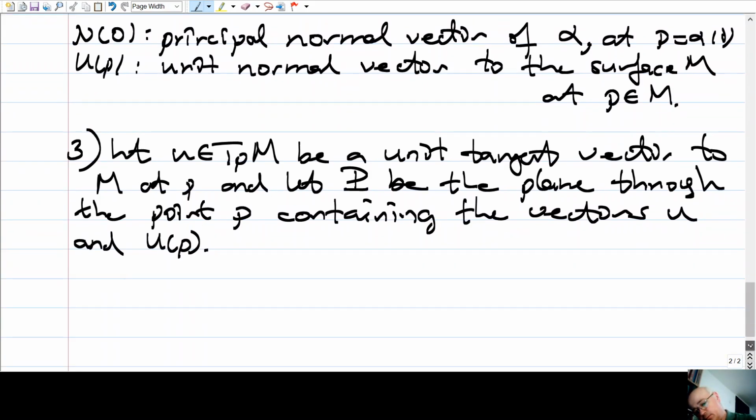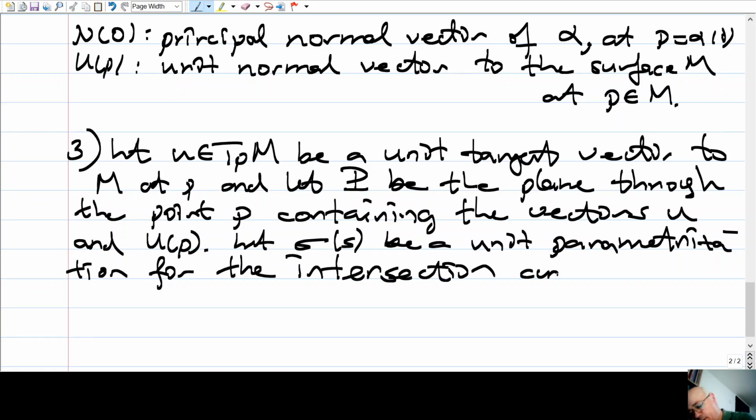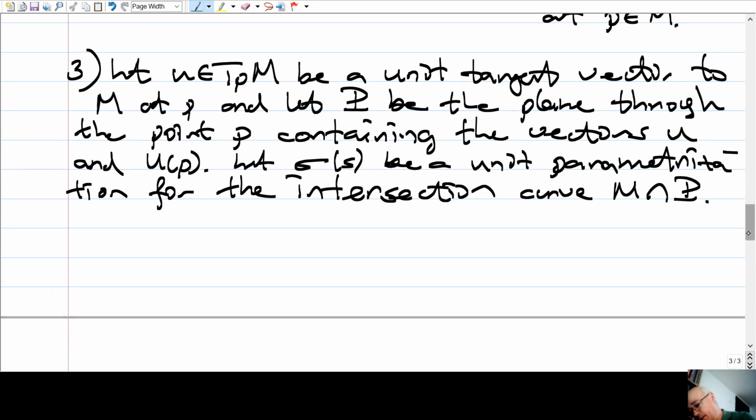Let sigma s be a unit speed parameterization for the intersection curve of M with the plane P.